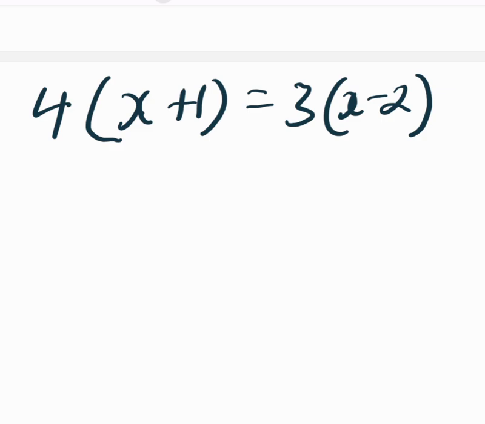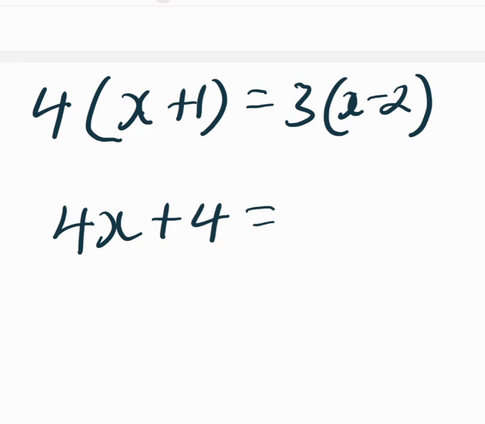I'm going to have 4 times x is going to be 4x. 4 times 1, you have the sign right, which is addition, plus. Put it there before you multiply anything. 4 times 1 is going to be 4 also, because anything multiplied by 1 is still the same thing. So put the equality sign right here. Equate it to 3, open a bracket, x minus 2, close the bracket.